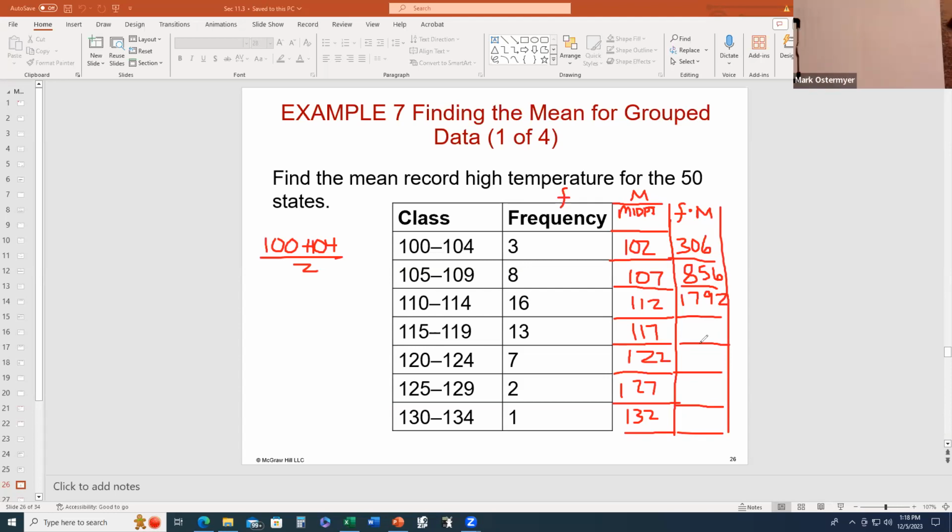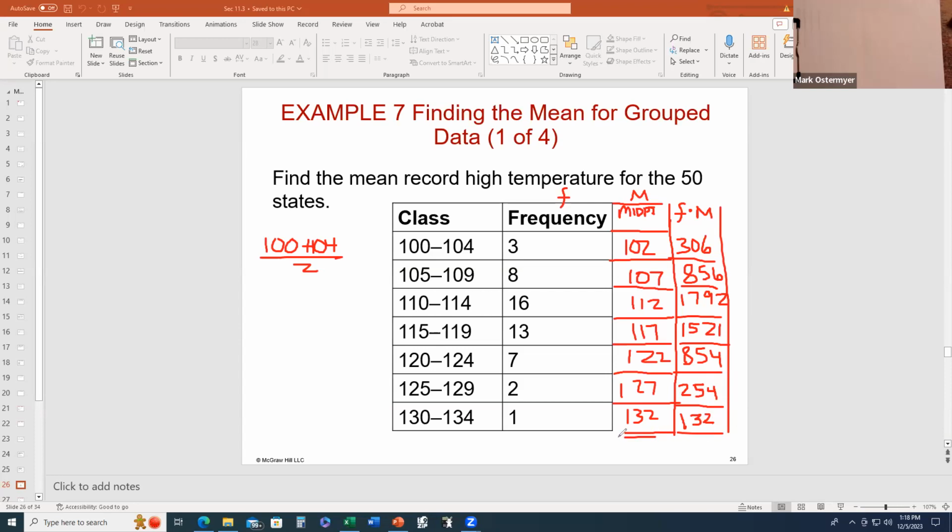It's going to be 1521. 7 times 122. 854. 2 times 127. 254. And 1 times 132. 132.